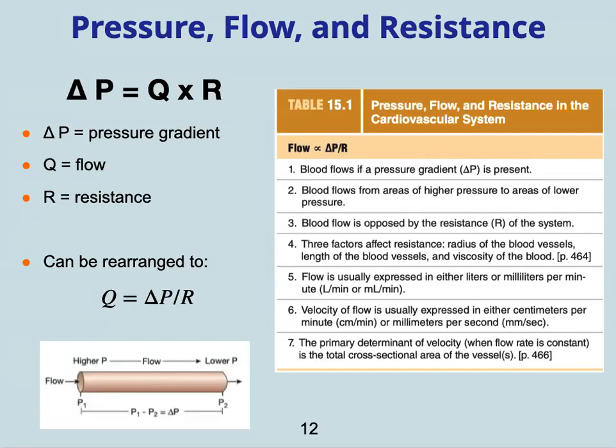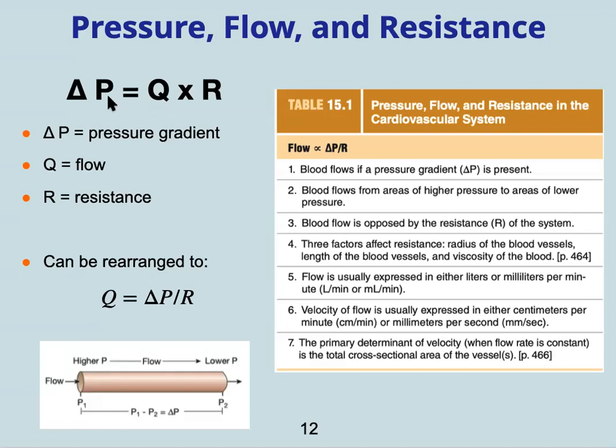Now let's look at the relationship between blood pressure, blood flow, and vascular resistance. This is a formula that you should commit to memory and make sure you understand what it stands for. The pressure gradient, which is the difference between pressure at two different points, is directly proportional to blood flow and vascular resistance. In fact, it's a product of the two.